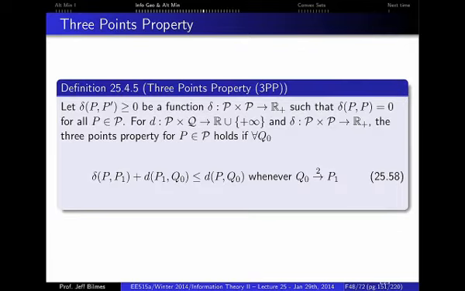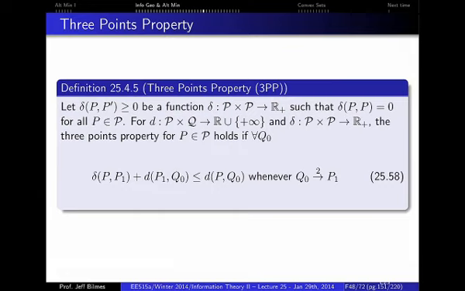Here's the 3 points property. First of all, it's 2 units simpler on the simplicity scale, because it has 2 fewer points. But it's not quite 2 units simpler, because it does require this other weird function, which may seem strange to require, but it's necessary.